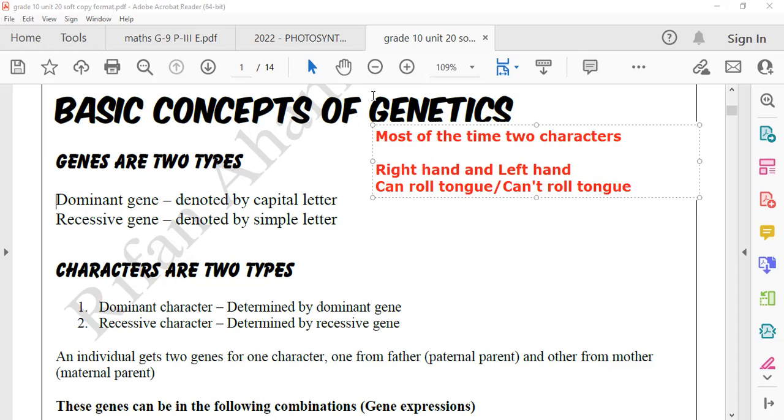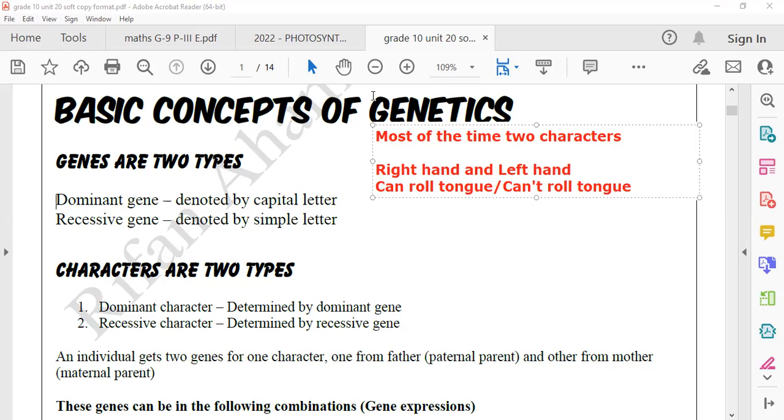Can't roll tongue. I can't roll tongue, like a cone. So here, including me, there are 8 students.